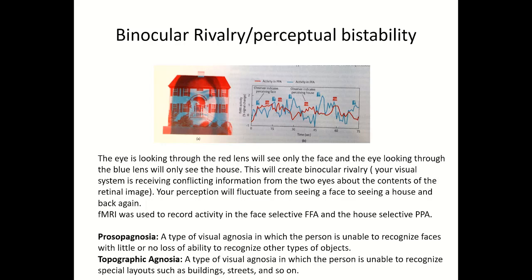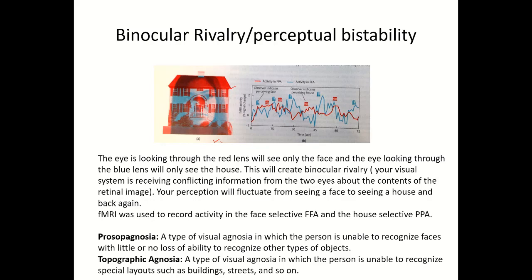That is called binocular rivalry or perceptual bistability. So what will happen here, you see in this picture, two things are here: a girl's face and a house.